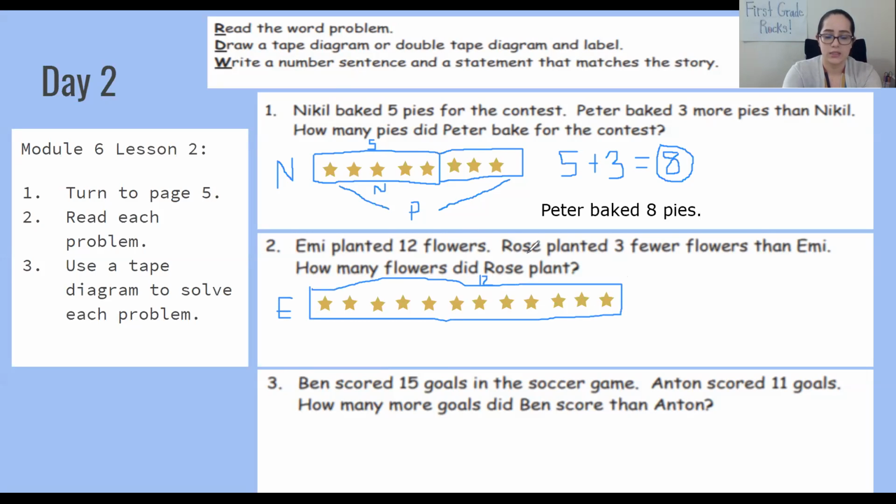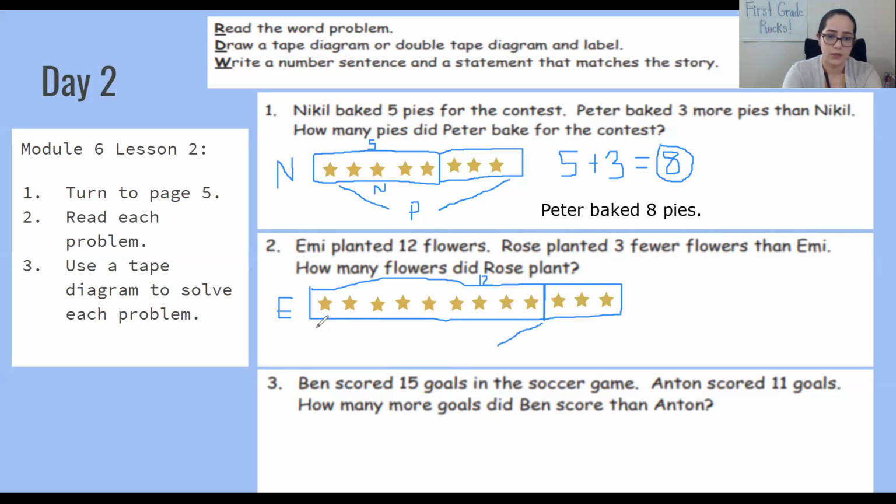Okay, next sentence. Rose planted 3 fewer flowers than Emmy. Okay, again, I'm just going to go ahead and use the one tape diagram, but I know it tells me that Rose planted 3 fewer than Emmy. So I am going to count 1, 2, 3, draw my line.